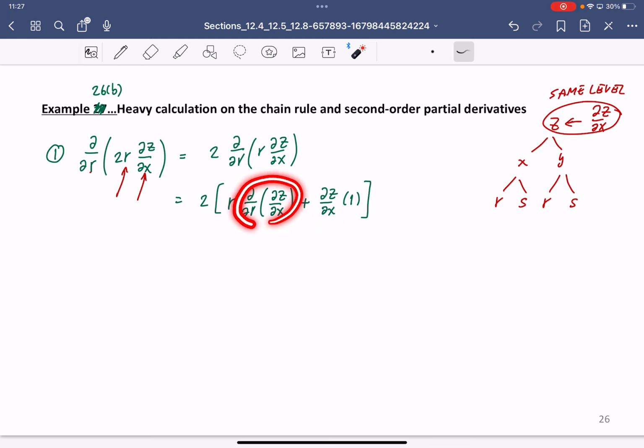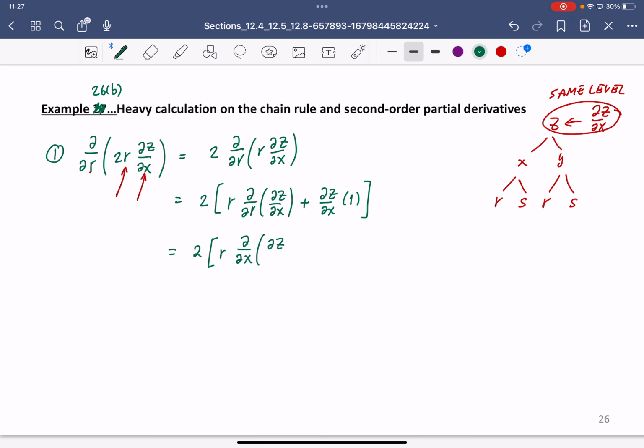But for this term, ∂c/∂x is actually on the top part, at the same level as c. So you can apply the chain rule one more time. So it's going to be 2r times ∂/∂x, and then ∂x/∂r, plus ∂/∂y and then ∂y/∂r, and then plus ∂c/∂x.